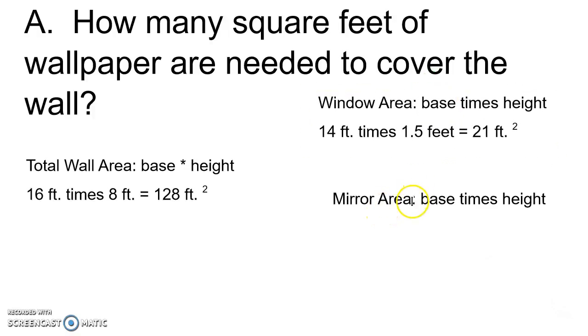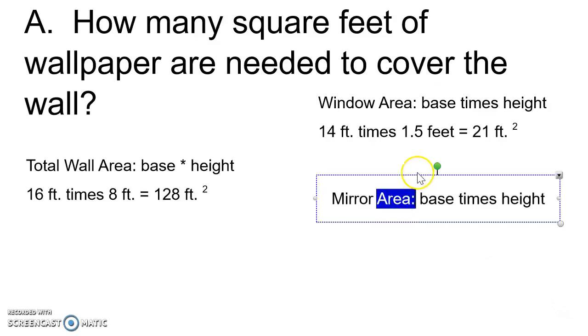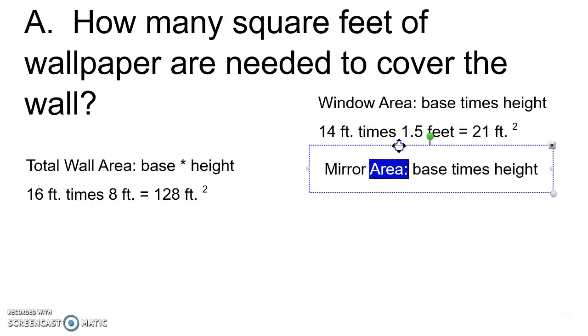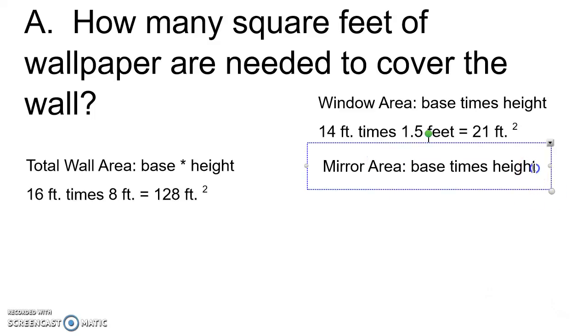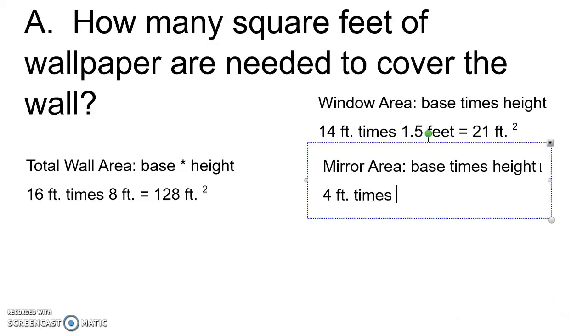We need to make sure that we're writing out formulas so it's very clear that I can see and Miss P can see what you're thinking. So mirror area, base times height, we have 4 feet times 2 feet. And that gets me 8 feet squared.